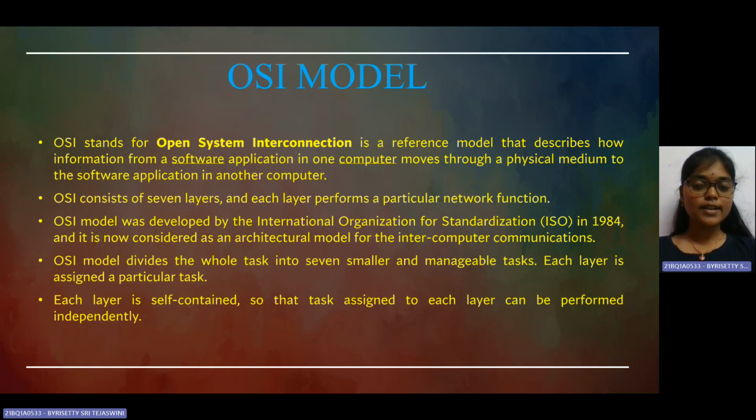It does not depend on the other layers. If a task is given to that layer, it should complete its task and give the output to the next layer, so that the next layer can perform its task. Each layer performs the task independently. So this is the OSI model.